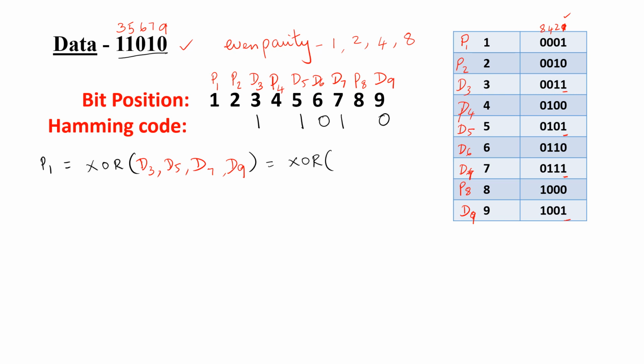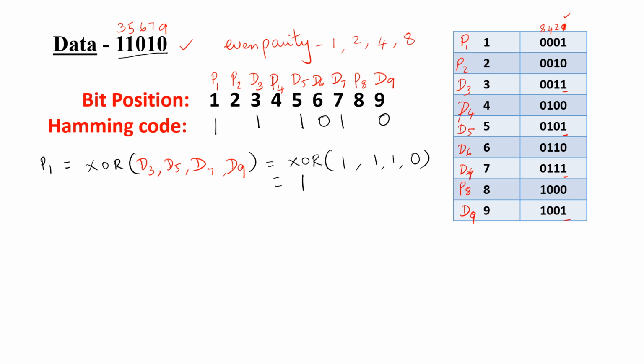In D3 1 is there, D5 1 is there, D7 1 is there, and D9 is 0. For XOR, if an odd number of ones is there, the output will be 1. So here odd number of 1s, so the output is 1. So P1 is now 1. You can write the value of P1 as 1 here.